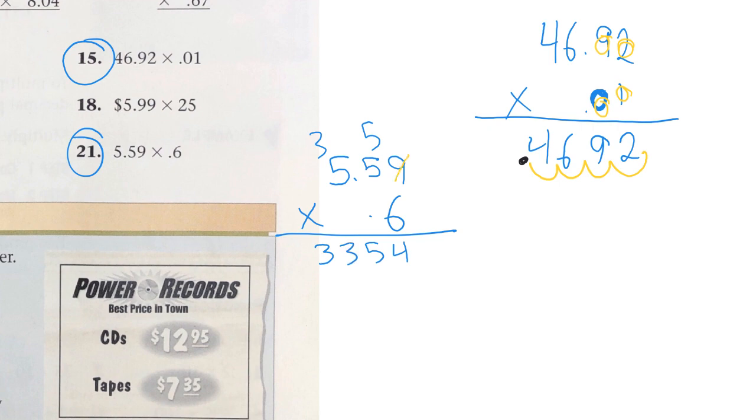We've got 1, 2, 3 decimal places. So we'll move from the right 3 times. 1, 2, 3. And then we'll put the decimal. So the product is 3 and 354 thousandths.